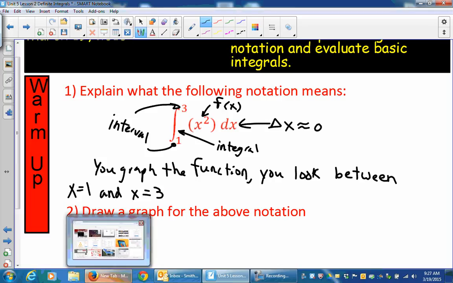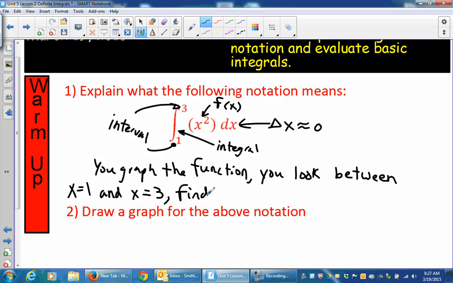And that's pretty good. And what do we do? What are we trying to do with that graph between those points? Find the area under the curve. Good. We're trying to find the area under the curve. And that's a big thing.